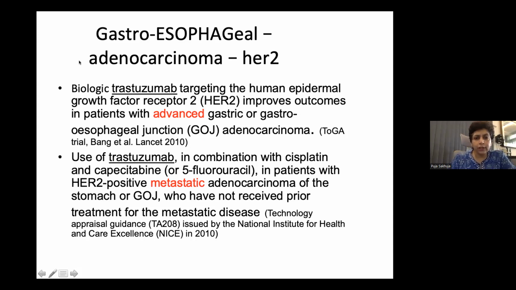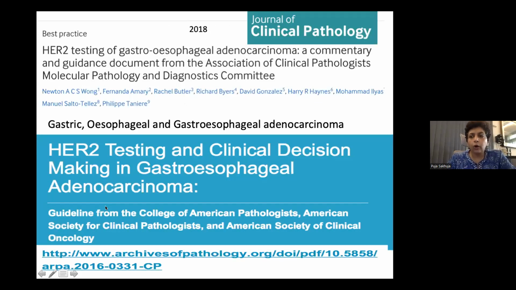So this detection of HER2/neu should be done. The methods to detect are very well designated for breast adenocarcinoma, and similar stringent criteria have to be followed in gastric and esophageal adenocarcinoma, because it is important for clinical decision making.